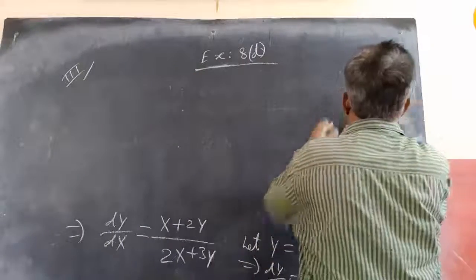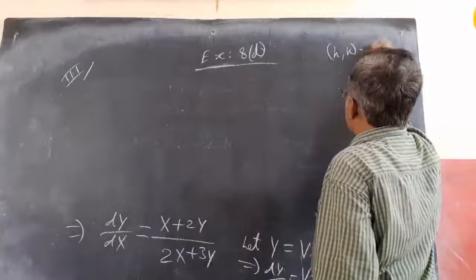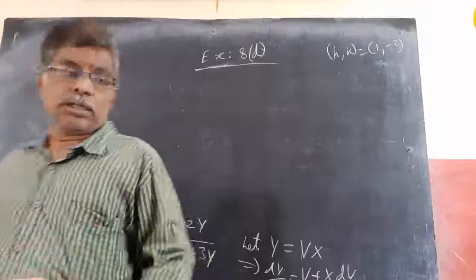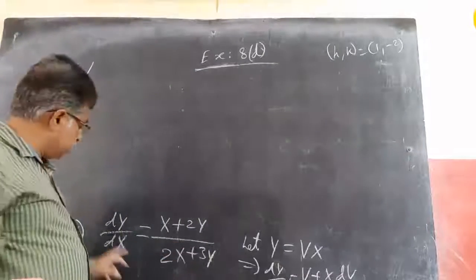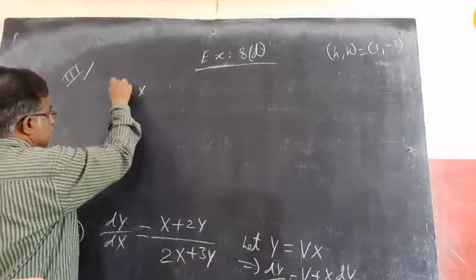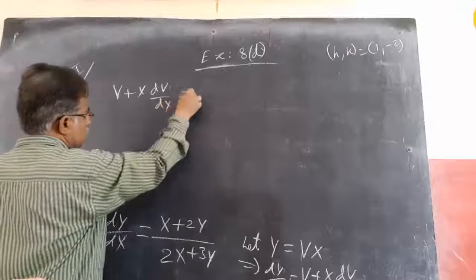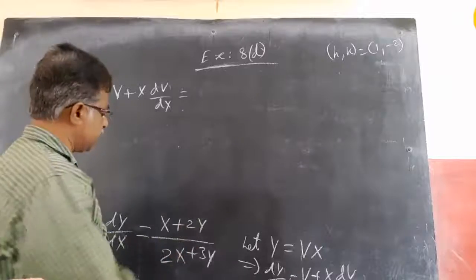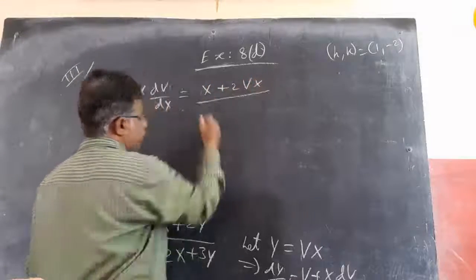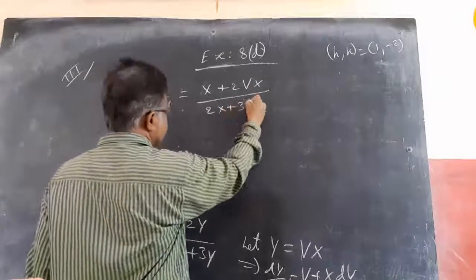Keep that point h comma k, which is 1 comma minus 2, in mind. Now, in place of dy by dx, we can write v plus x into dv by dx equal to, in place of y I am substituting vx, so this becomes x plus 2vx by 2x plus 3vx.